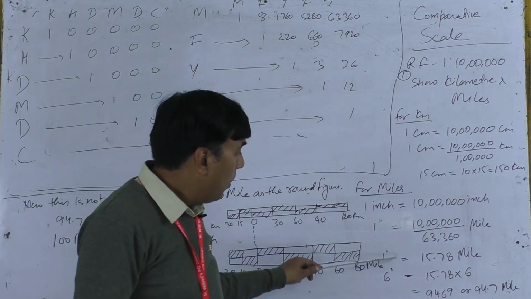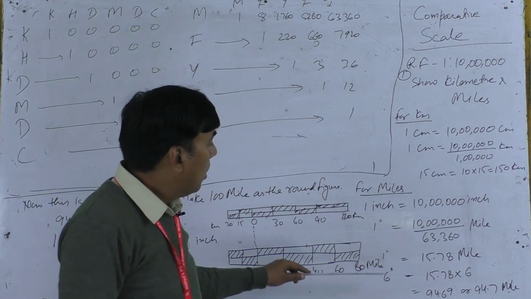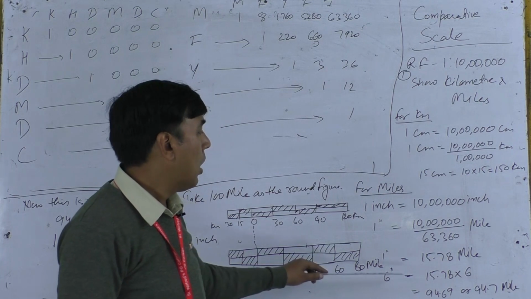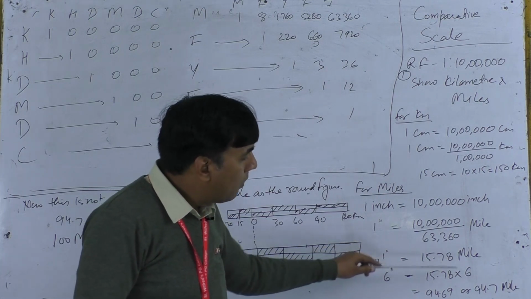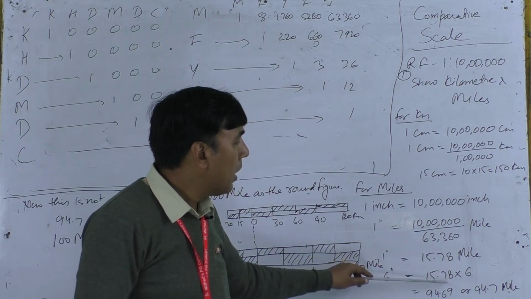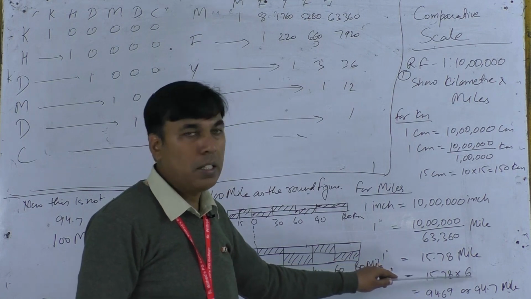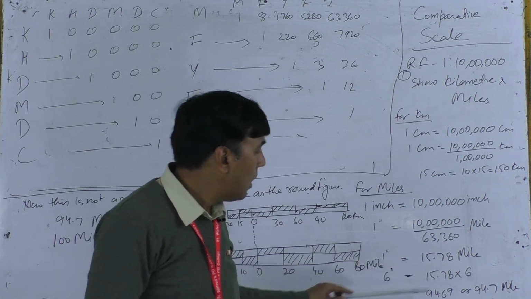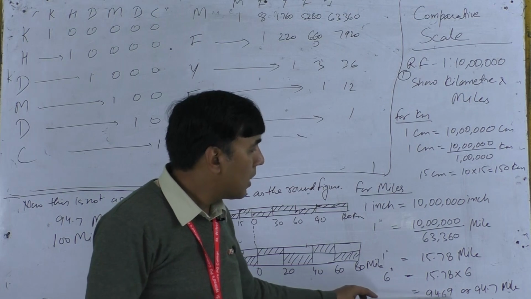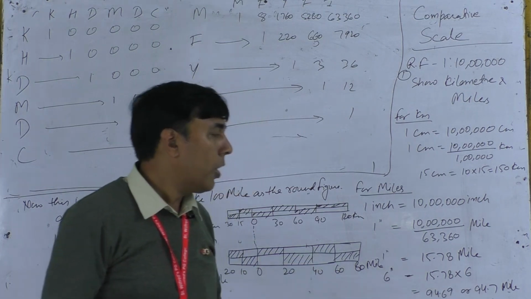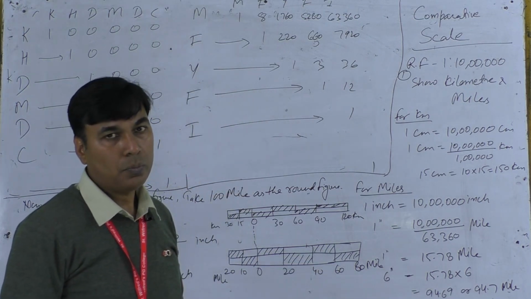Or if we draw a 6 inch line, how many miles will it show? 15.78 multiplied by 6. So the answer is 94.69 or 94.7 miles.